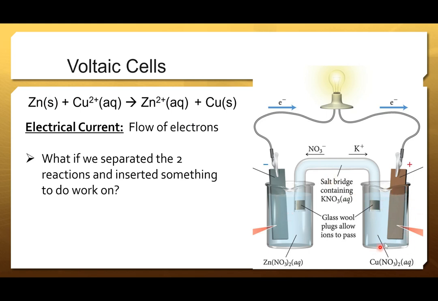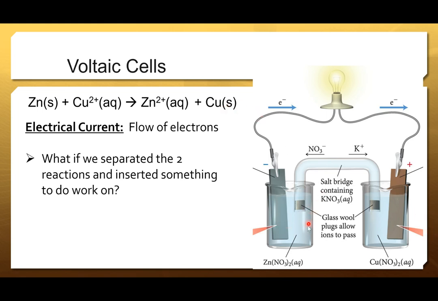And in this beaker over here, we've got our other half reaction. So we've got our copper nitrate, so our aqueous copper. And then our solid piece of copper literally submerged into that liquid. So we've got our aqueous copper and we've got our solid piece of copper. And we have connected those two half reactions because we know they're going to transfer electrons, right? Somebody's going to lose, somebody's going to gain.